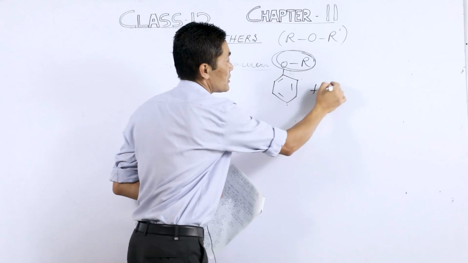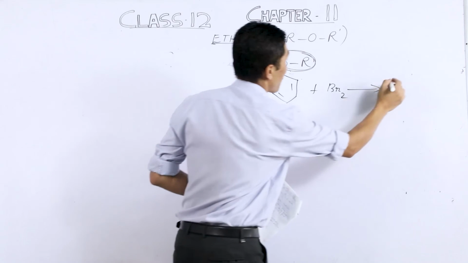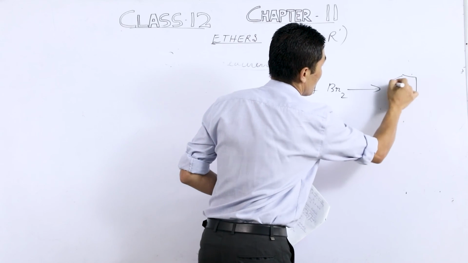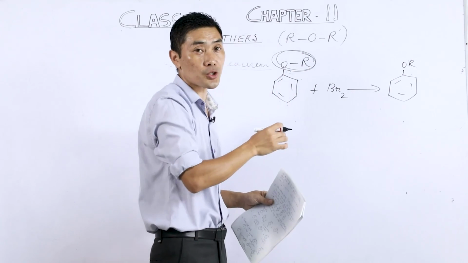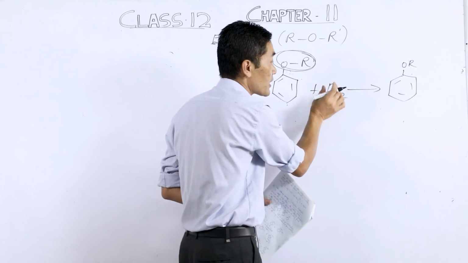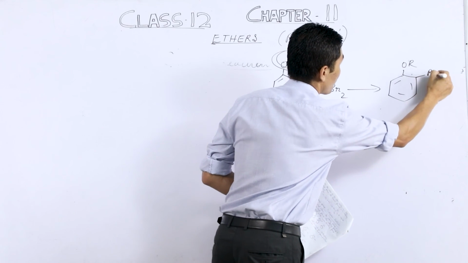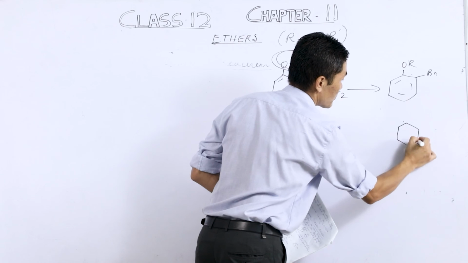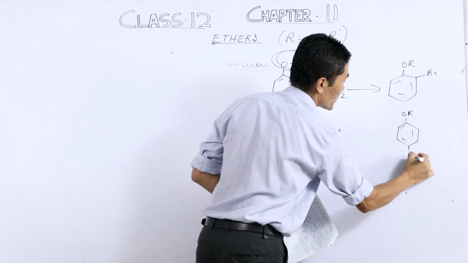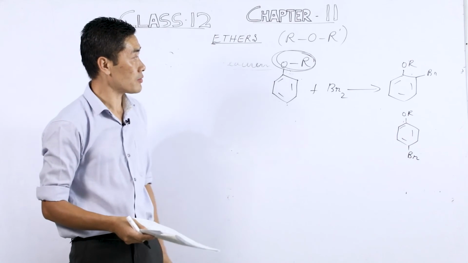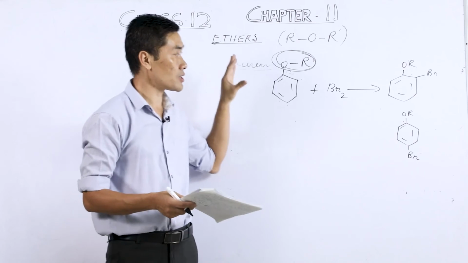So if this is treated with a halogen like bromine, then the alkoxy group will direct the halogen, the electrophile, to either ortho or para positions. So we will get two types of product here, one at ortho position and the other at para position. This happens whenever electrophilic substitution takes place in these ethers.